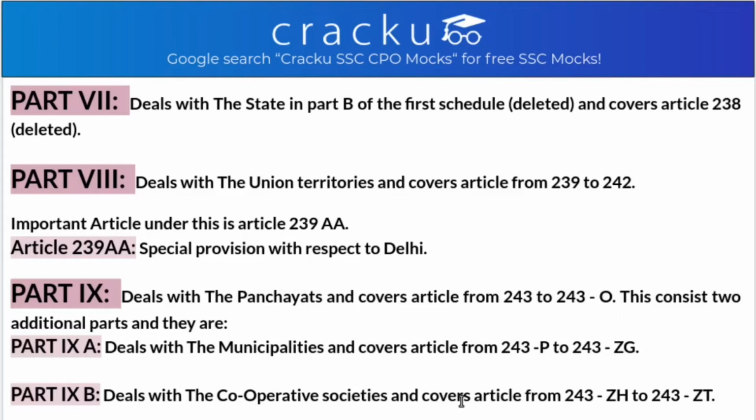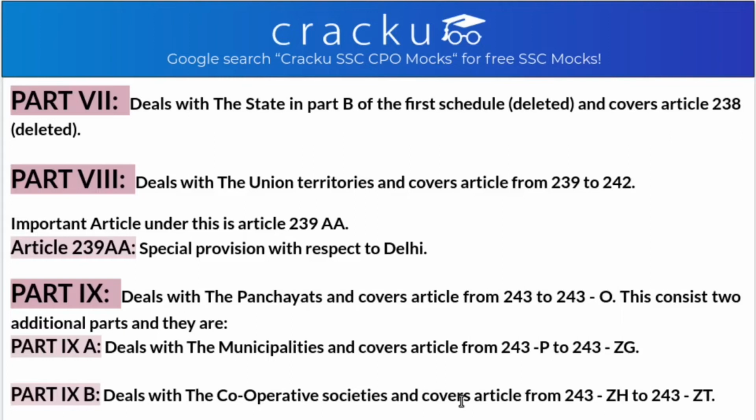Part 8 of Indian Constitution deals with the Union territories and covers articles from 239 to 242. Important article under this part is Article 239 AA. Why AA?